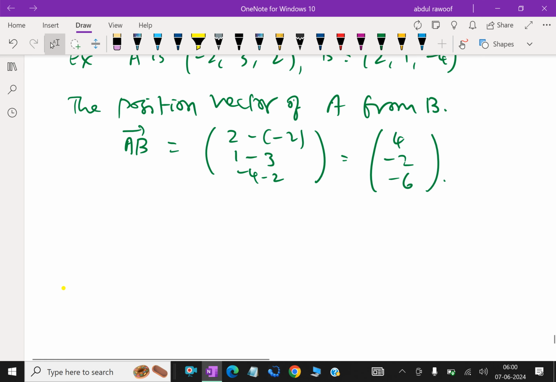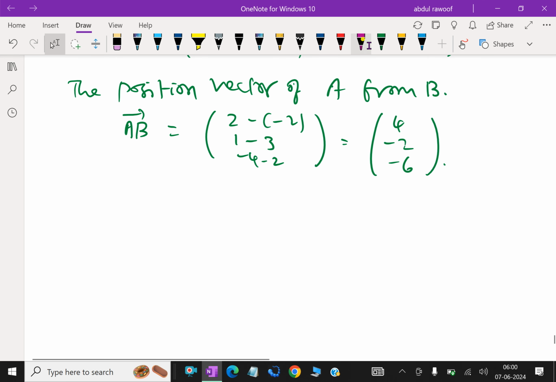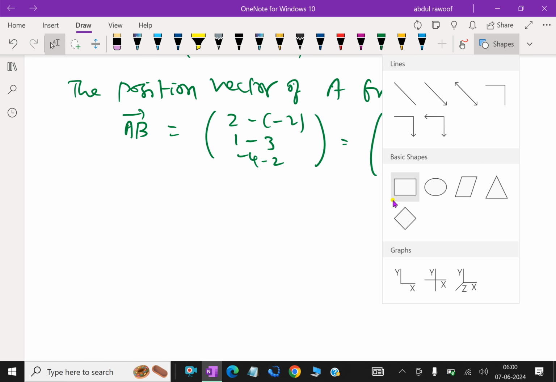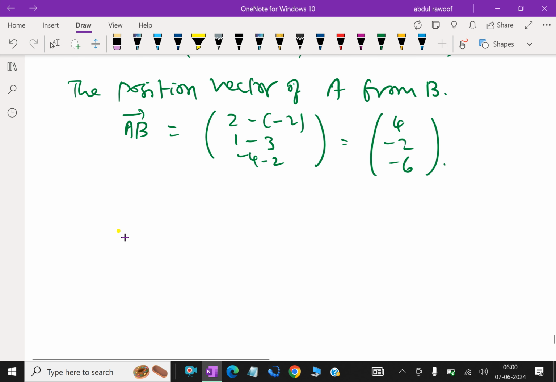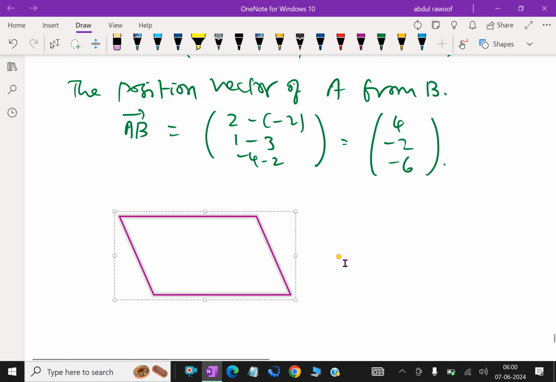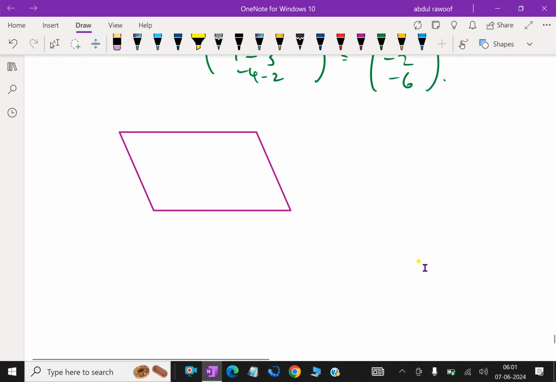Now one more example. This is a parallelogram ABCD. A is given as minus 1, 2, 1.